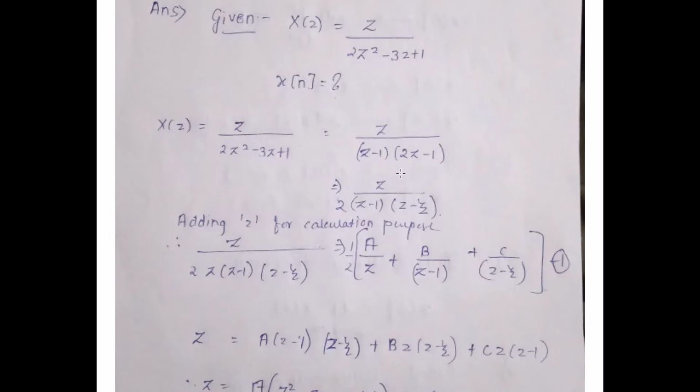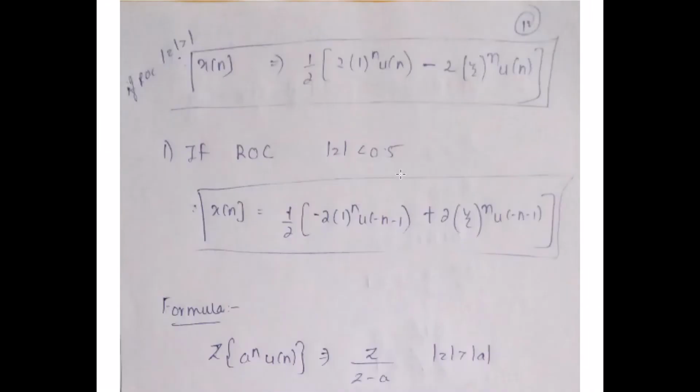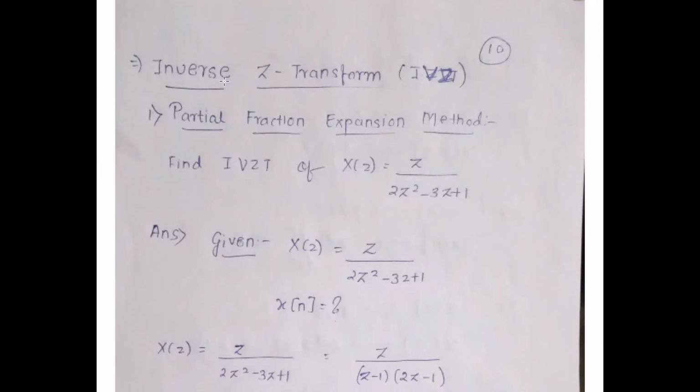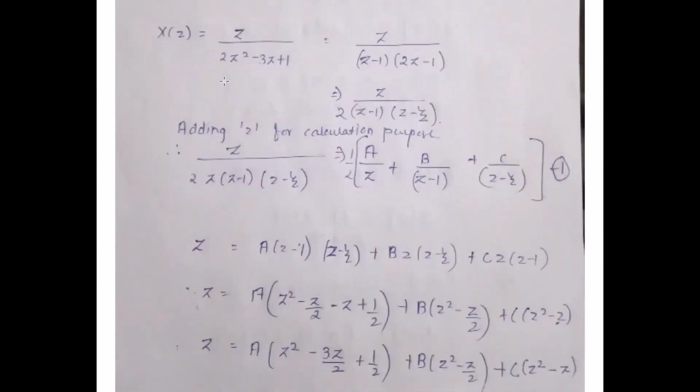I need to reduce it and find x of n from it, that is the discrete signal, the inverse Z transform. The x of z is given to us. We are going to add z in the denominator just for the calculation purpose right now, and then we'll be eliminating that.